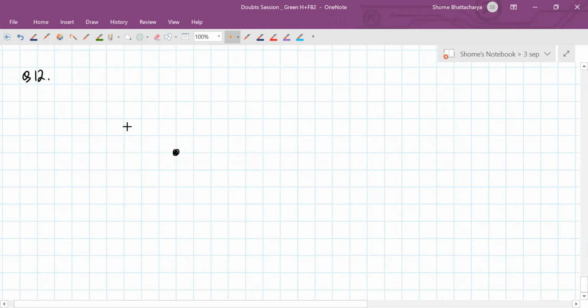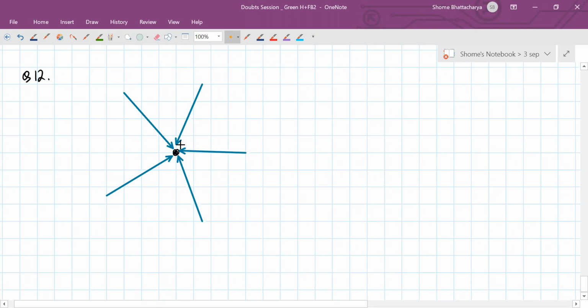So let's say if this is one of our forces, then the other one has to be something like this. The other one has to be something like this. Then another one, and another one like this.